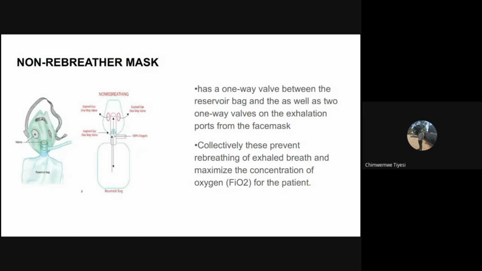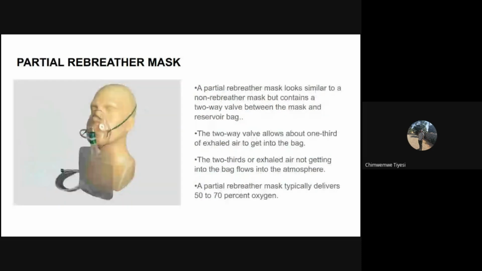So when it comes to the partial rebreather mask, it looks similar to a non-rebreather mask, but contains a two-way valve between the mask and the reservoir bag. So the patient can exhale about 1/3 back into the reservoir bag, and the other 2/3 is exhaled out to the atmosphere.